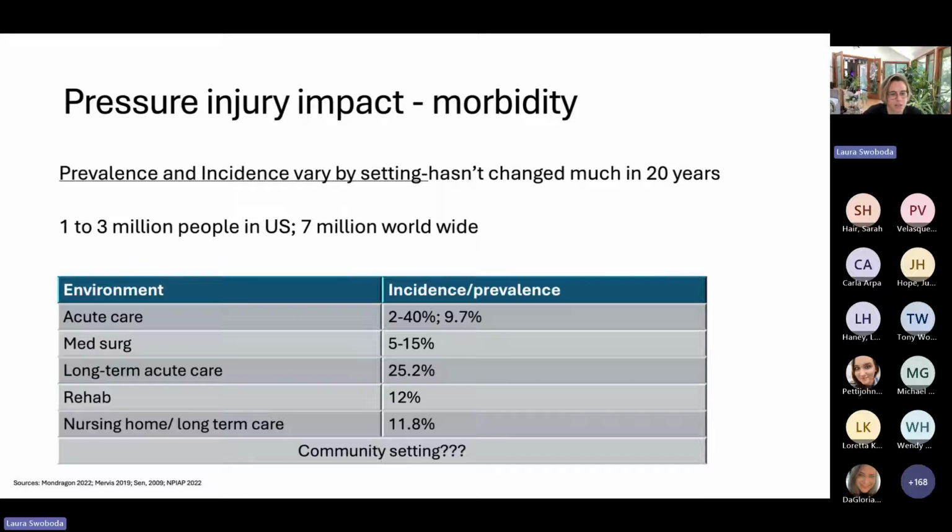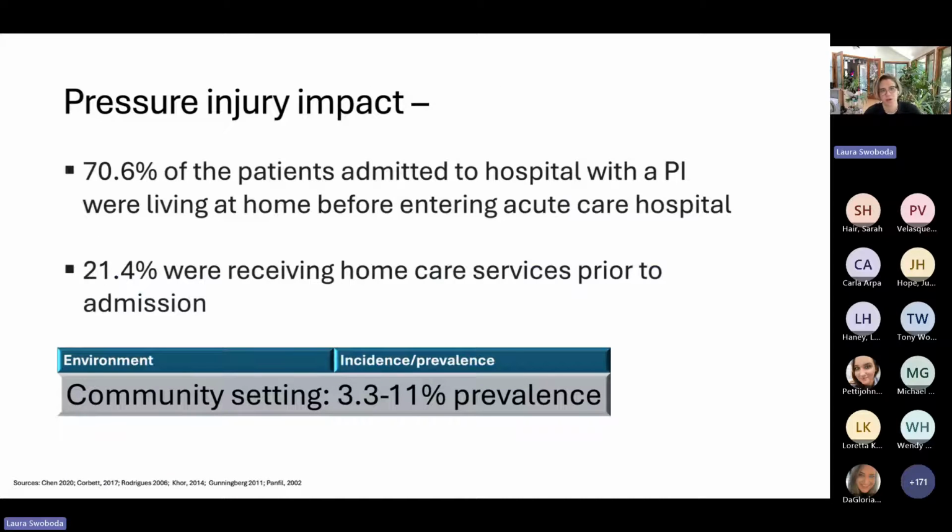When we look at the different settings, in acute care it depends on the location, and the incidence and prevalence can vary quite a bit. Med surg is 5 to 15%, which is quite high for people in that setting. Long-term acute care is even higher. The rehab environment is still quite high, 12%. Nursing homes, almost 12% as well. And in our community as well, a significant impact.